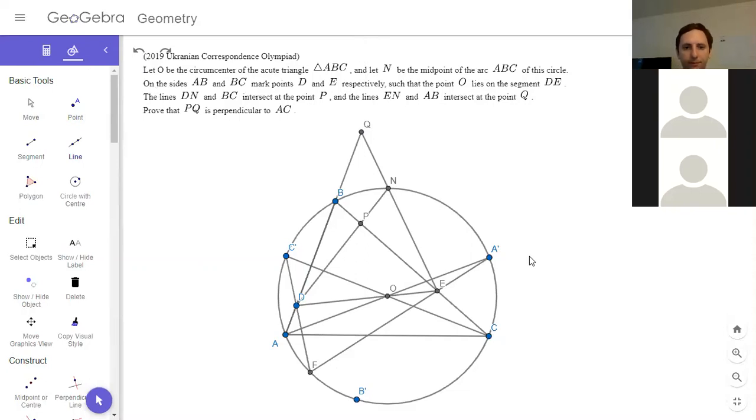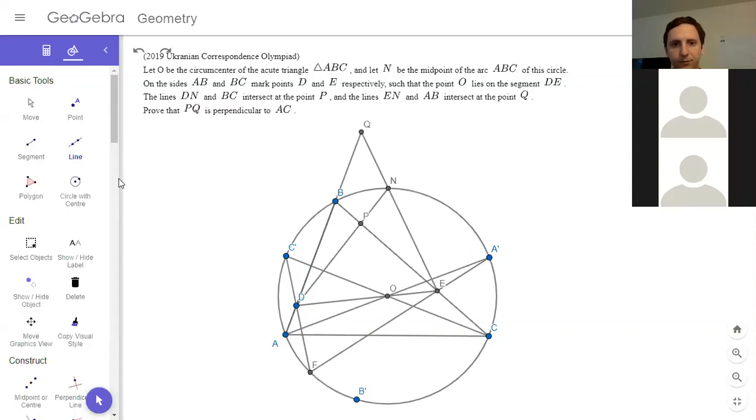Yeah, this is tricky. So let's see. You see where DN meets BC, and we see where EN meets AB. D and cyclic, I guess. No, wait, never mind.